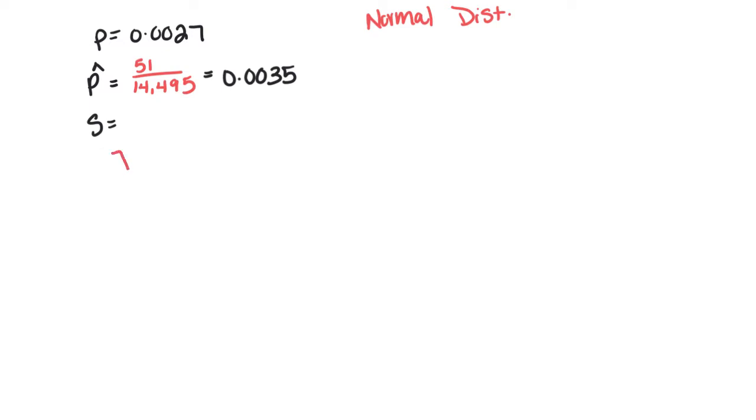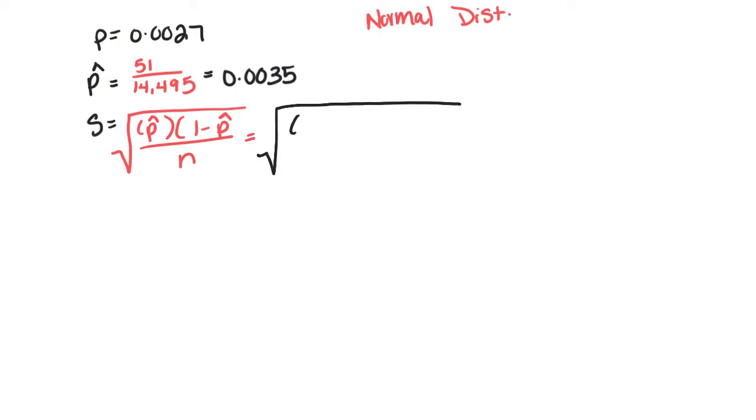Now I need to calculate my standard deviation for my sample. And so we're going to use the formula: the square root of p hat times 1 minus p hat, all over my sample size. So the square root of my p hat, which is 0.0035, times 1 minus that 0.0035.